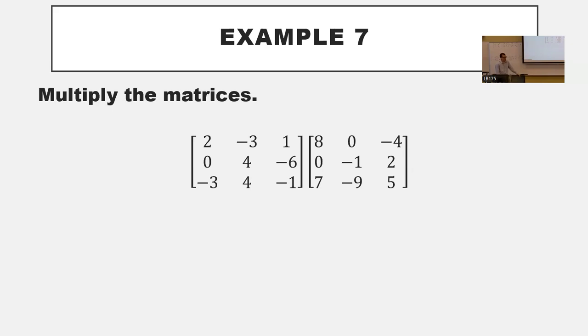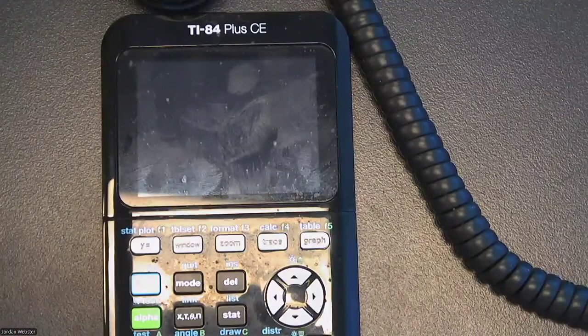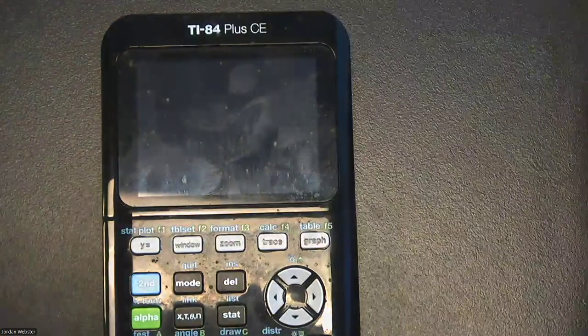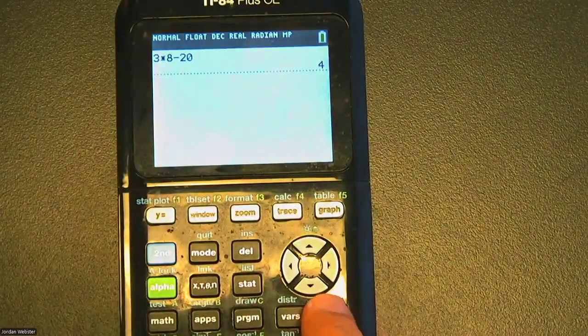It turns out there's a matrix menu in the calculator, and it's a good way to check that we've done things right.